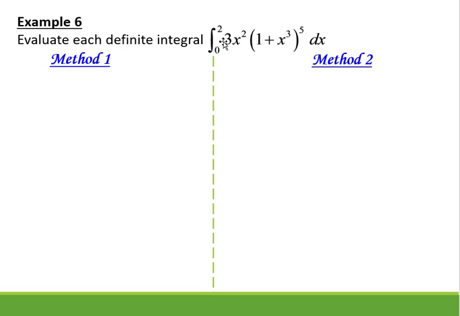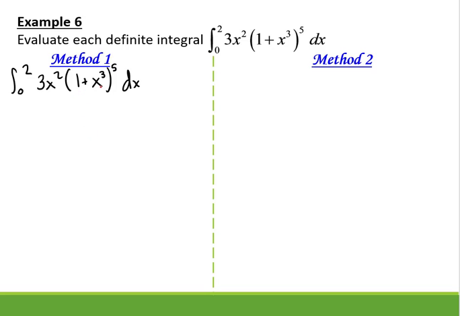Okay, so notice, I'm going to rewrite it. Notice that here, I have the derivative of that sitting right there. So I let my u be 1 plus x to the third.